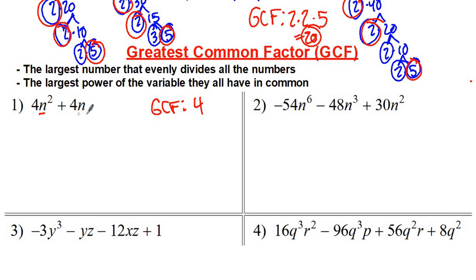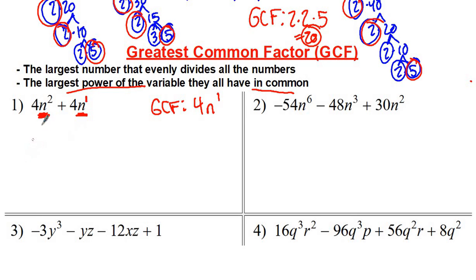And then n squared and n, what's the largest power that they have in common? This front term has an n squared, but this one doesn't. This only has an n to the first. So the only thing they have in common is n to the first. Basically, another way of saying that is you're looking for the smallest power of n that you see up here, because the smallest power of n, that's the one they have in common.